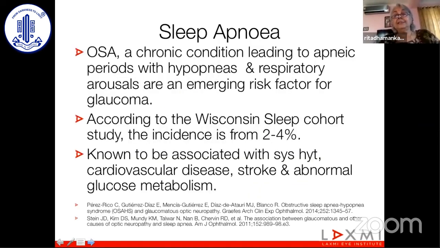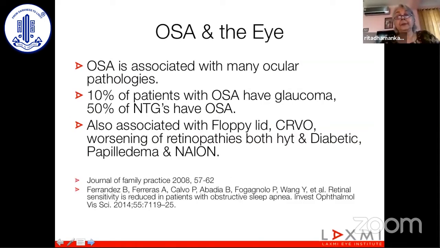Obstructive sleep apnea is a chronic condition leading to apneic periods with hypopneas, and respiratory arousals are an emerging risk factor for glaucoma. According to the Wisconsin Sleep Cohort study, the incidence is from 2 to 4%, known to be associated with systemic hypertension, cardiovascular disease, stroke, and abnormal glucose metabolism.